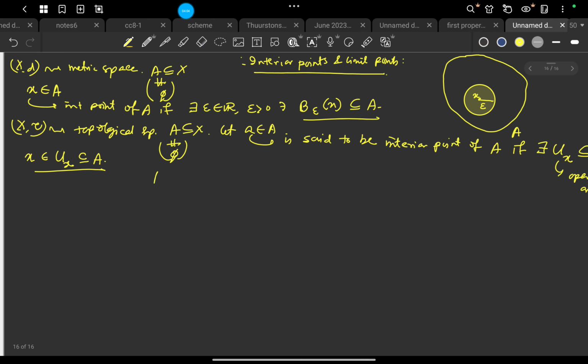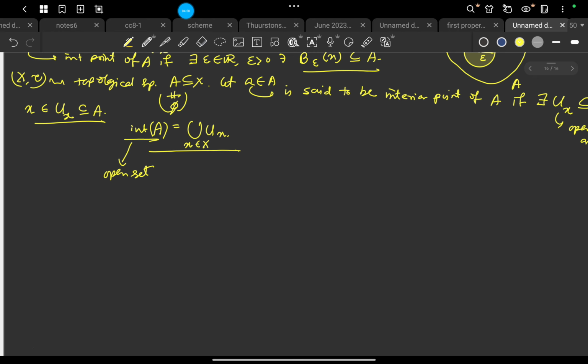That means the interior of A, I mean the set of interior points of A, is the union of all U_x over x. So the interior of A is the set of all interior points, and the interior of A is an open set. Now you find that it is an analogous version of what we studied in the case of metric spaces, right?